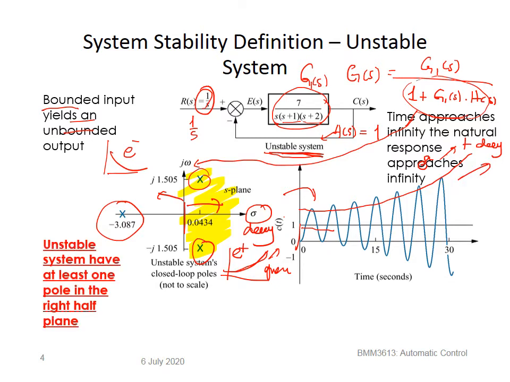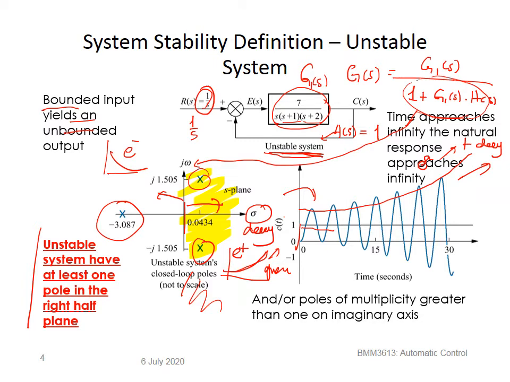From the point of view of the S plane, an unstable system has at least 1 pole in the right half plane. If only 1 pole is situated on the right half plane, the system will become unstable, because it will have an exponential component that keeps on growing. Also, poles of multiplicity greater than 1 on the imaginary axis.